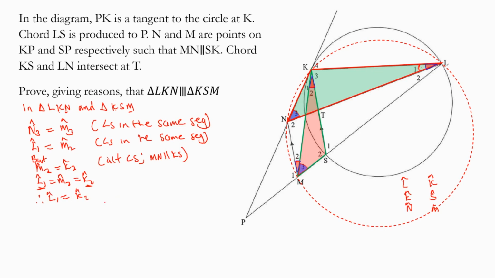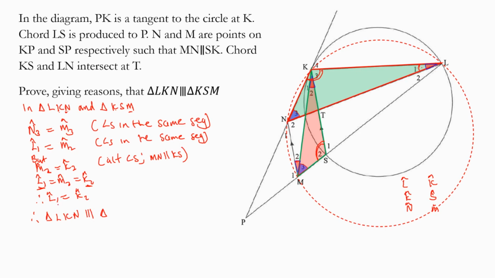So now, the third pair, meaning that angle NKL, we don't even need to write that, these two are fine. So angle NKL is equal to angle S2. This is the third pair of the triangle, so they're equal. Now we can conclude and say, therefore, triangle LKN is similar to triangle KSM.